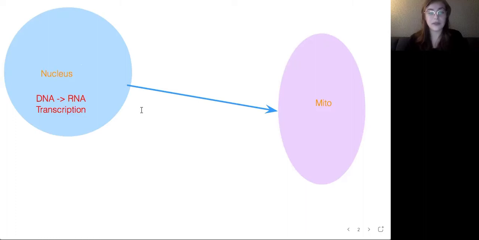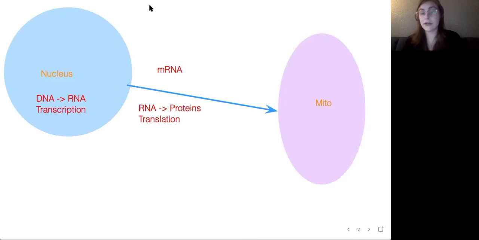Then the RNA is sent out to the cell, or into the cytoplasm, where it is turned into proteins through translation. So for the proteins that are being directed to the mitochondria, it actually encodes mRNAs, so just little messenger RNAs that are codes that will recognize its corresponding protein and bind to it to direct it and be like, okay, we need to go over to the mitochondria.